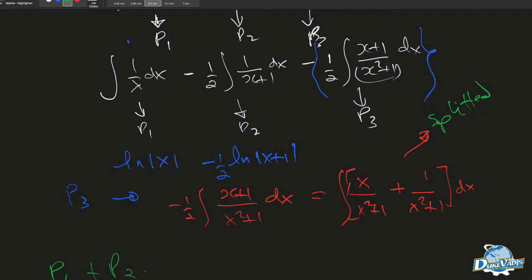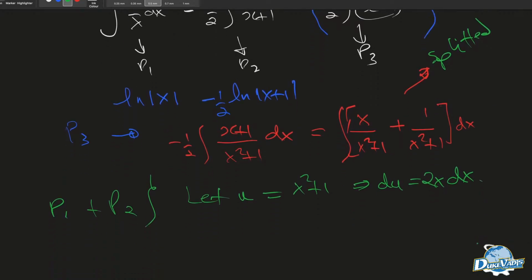Now, let's substitute. Let u be equal to x squared plus 1, so our du is equal to 2x dx.